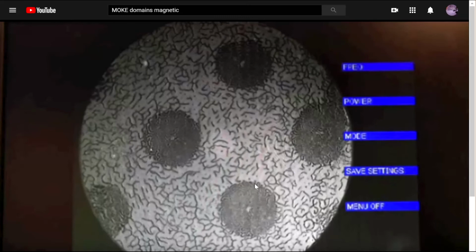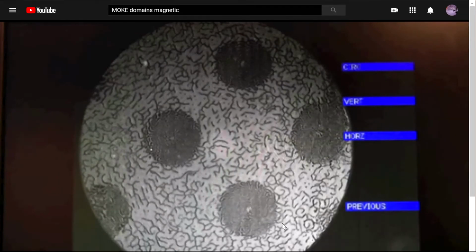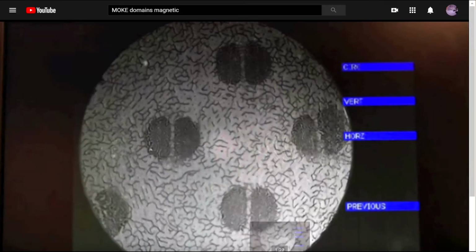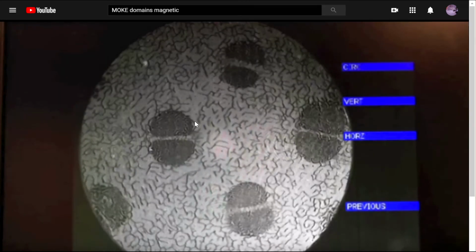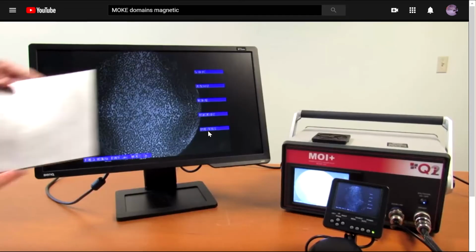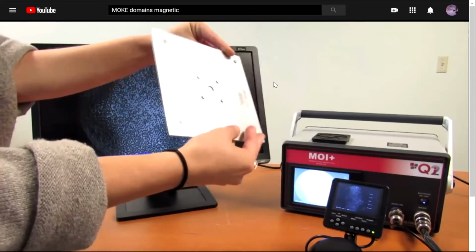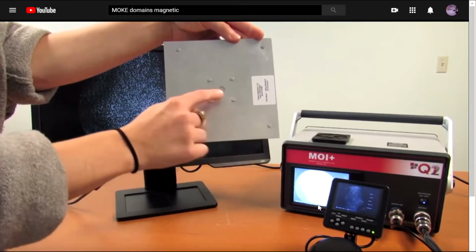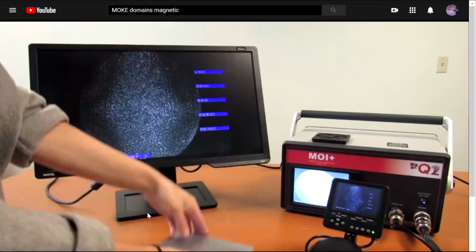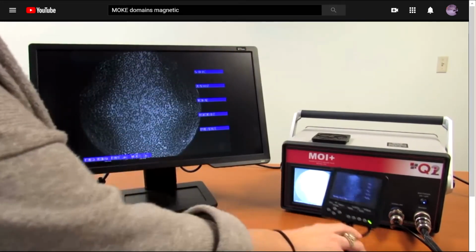So what they do in this experiment is they are changing the magnetization, and you can see that. Okay. So that is the film that they are measuring. This is a magnetic field. Okay, so let me turn off this video and let's carry on.